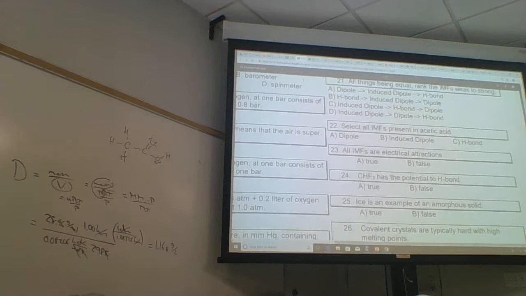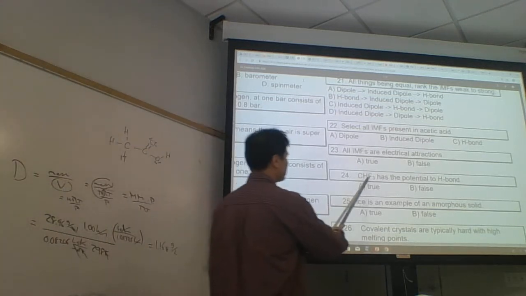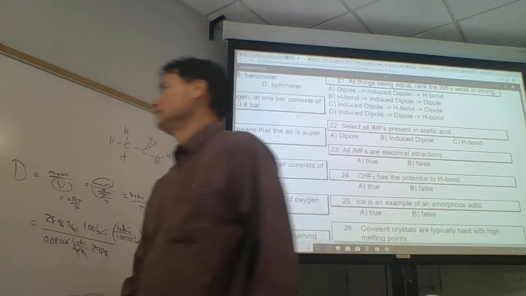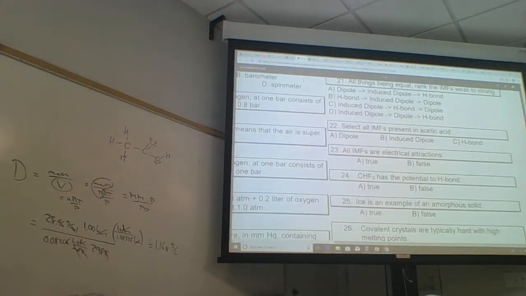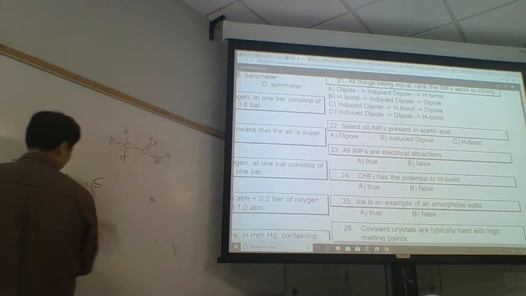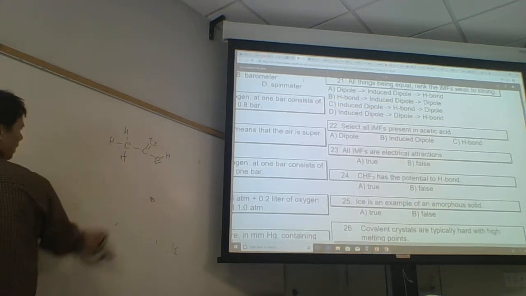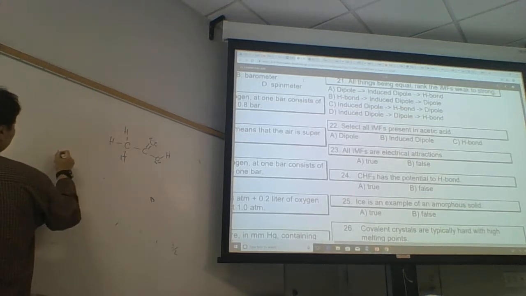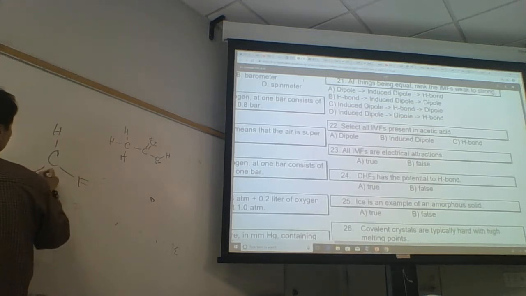When hydrogen is bonded to fluorine, oxygen, or nitrogen, it can hydrogen bond. But sometimes how the formula is written is deceptive because that hydrogen is not actually bonded to fluorine. That hydrogen is bonded to what atom? Carbon. So the hydrogen is actually bonded to the carbon, and the fluorines are bonded to the carbon as well.